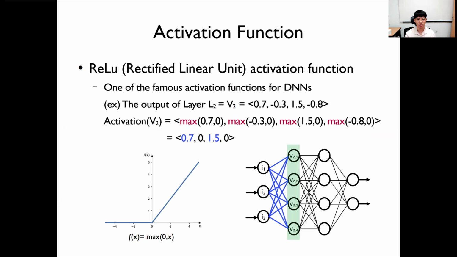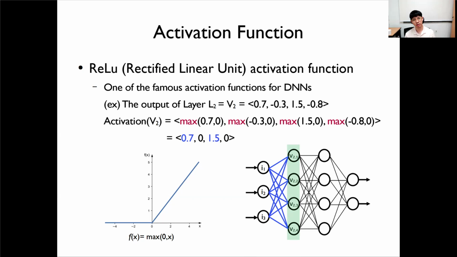Then this nonlinear function returns these output values, and usually we say that the first and the third neurons with output values greater than 0 are activated, while the second and the fourth ones are inactivated.